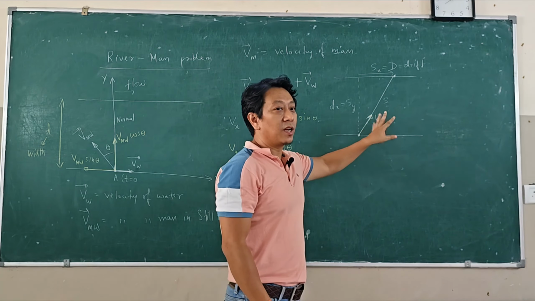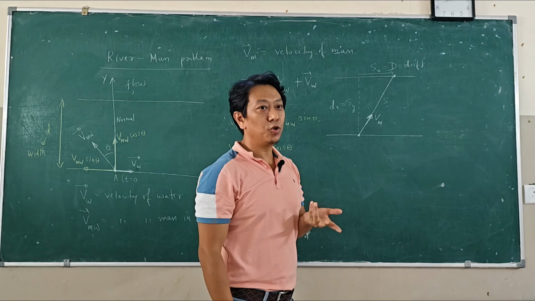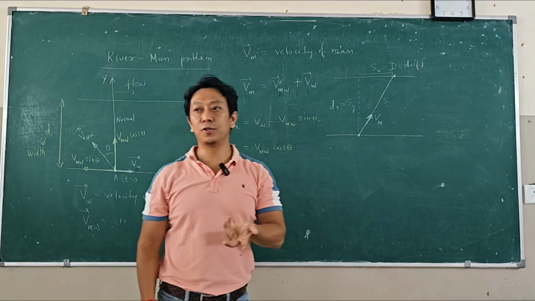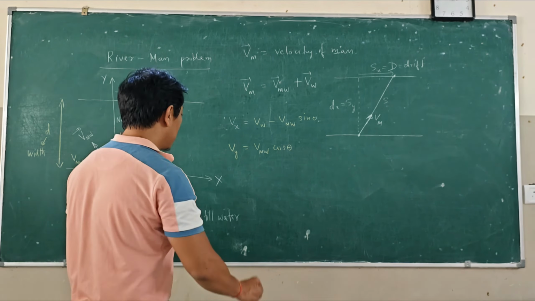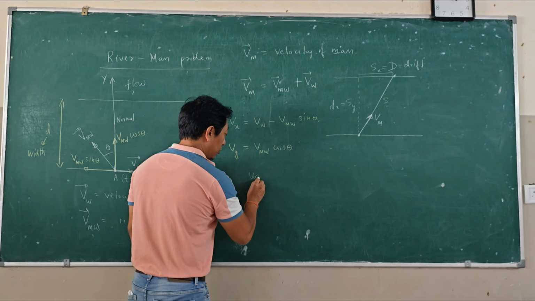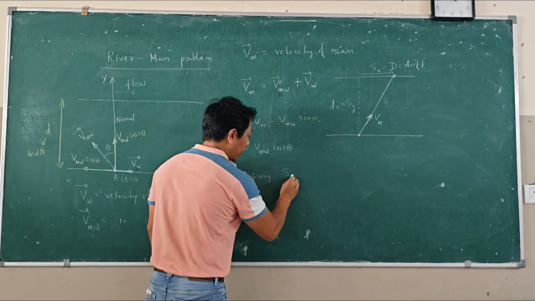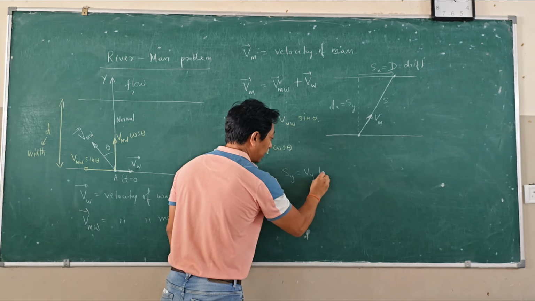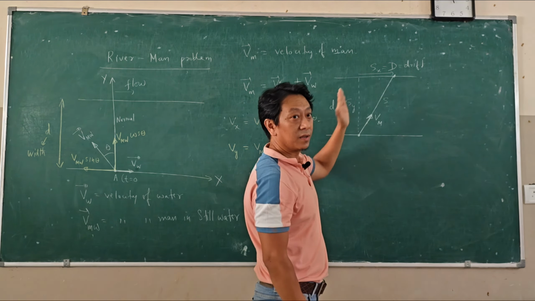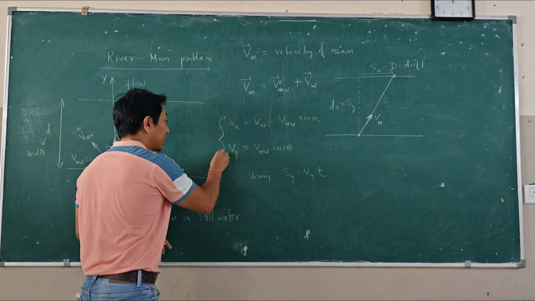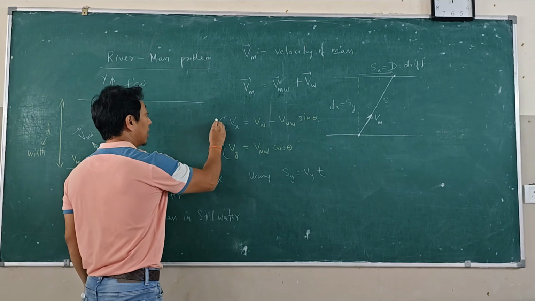Now, as I told you, here there is no acceleration. So, you can easily use S equals to ut. No need to write half at square. So, using Sy equals to Vyt. Vyt matlab what? Man's velocity along y. These are the man's velocities, yes or no? These are what?